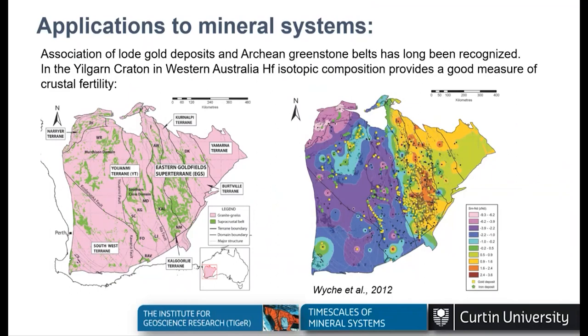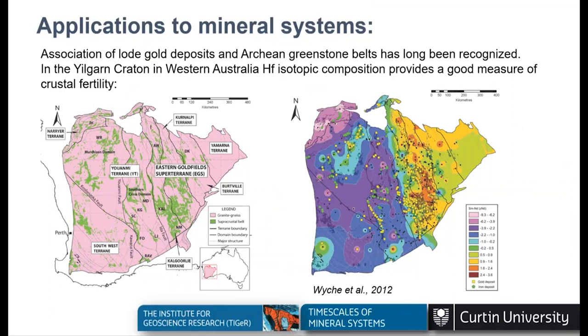So I think Steve Wash, is it? Yeah, and Dave Moll and others have collected lots of neodymium isotope data and hafnium isotope data and plotted these maps, which essentially show the spatial variation in neodymium and hafnium isotope composition.